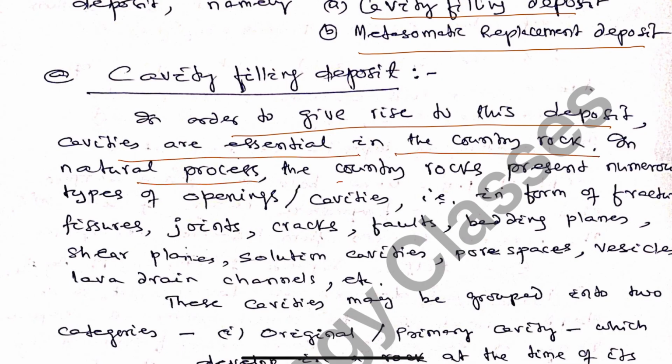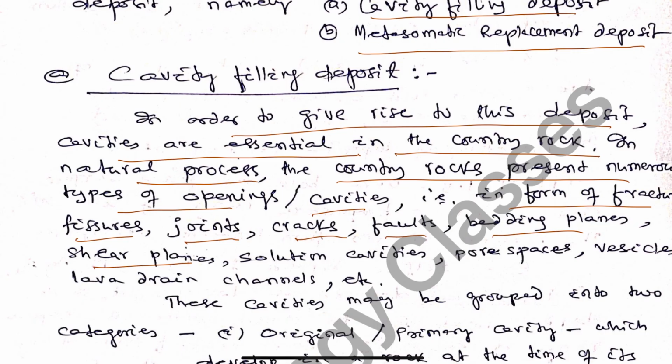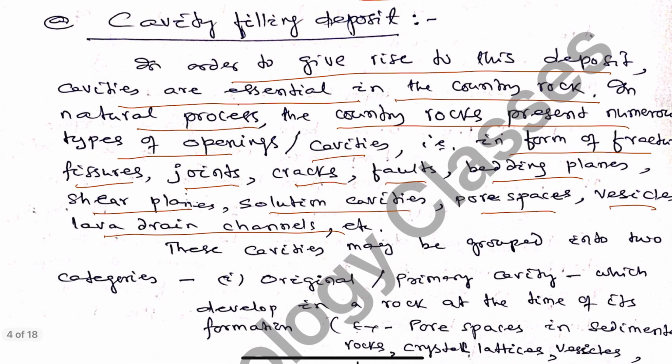In natural process, the country rocks present numerous types of openings, cavities, such as in the form of fractures, joints, cracks, faults, bedding planes, shear planes, solution cavities, pore spaces, vesicles, lava drain channels, etc. So, these are the different types of cavities that are found to be present in the rock bodies.